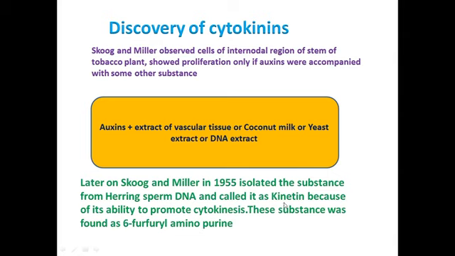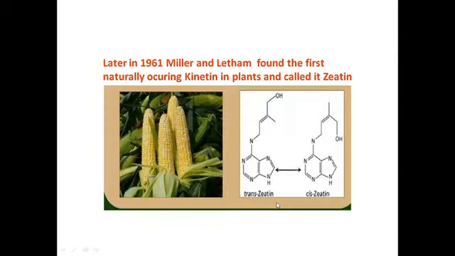Later, in 1961, Miller and Letham independently found the naturally occurring cytokinin in plants and called it zeatin. They found it in Zea mays. Zea mays is corn, and as the botanical name is Zea mays, they named it zeatin.